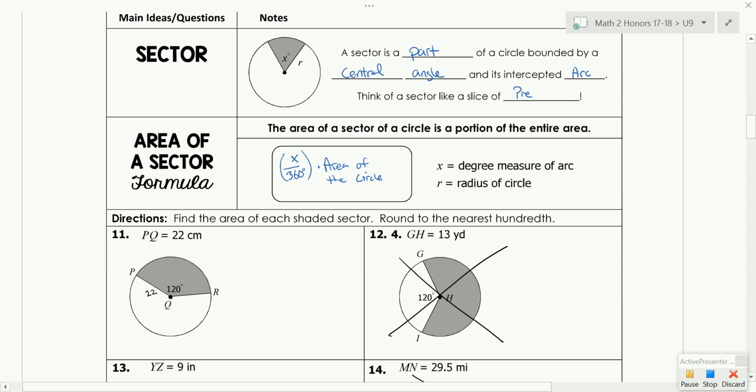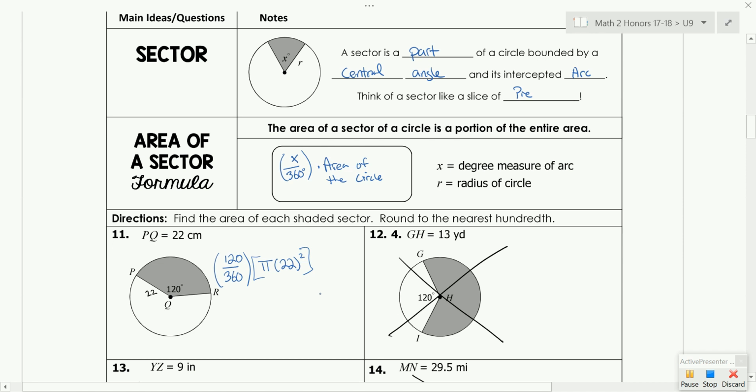So in number 11, I want the area of the shaded region. The central angle is 120 degrees out of 360 times the area of the circle. The area of the circle is pi times the radius squared, so pi times 22 squared. Then I multiply all that together and round to the nearest hundredths.